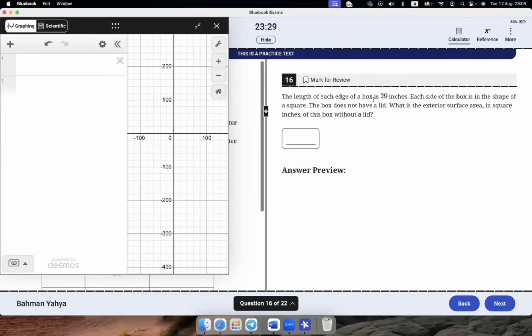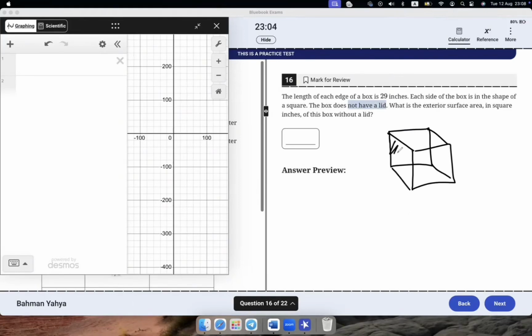Length of each edge of the box is 29 inches. Each side of the box is in the shape of a square. The box does not have a lid. The lid is the top of the box. What is the exterior surface area? When we have a box, this square box, how many sides do we have? 1, 2, 3, 4, 5, 6 sides, right?